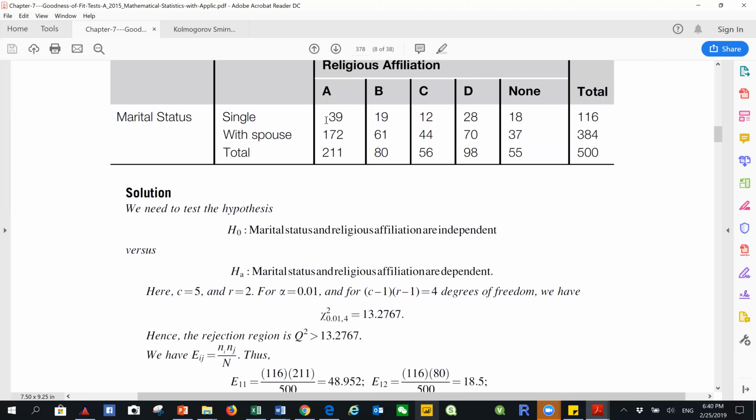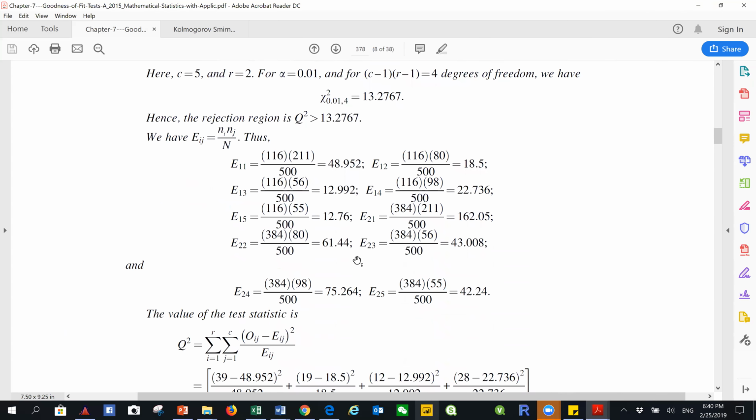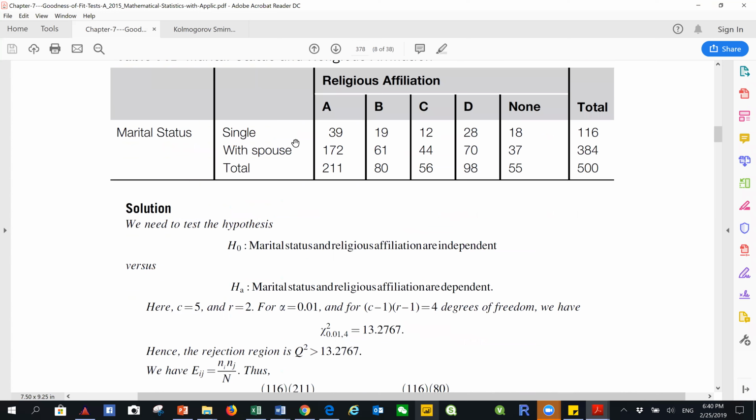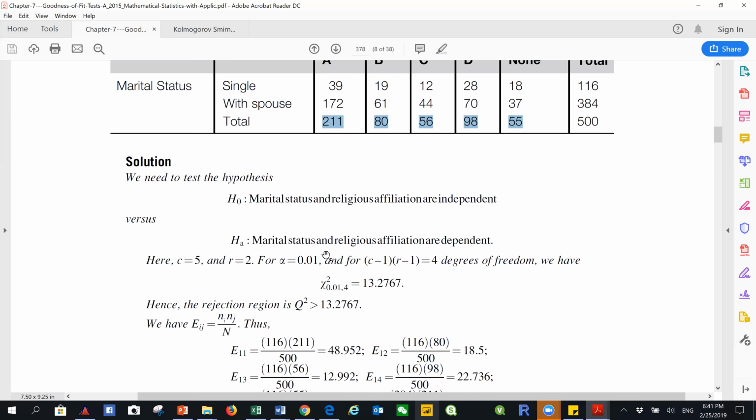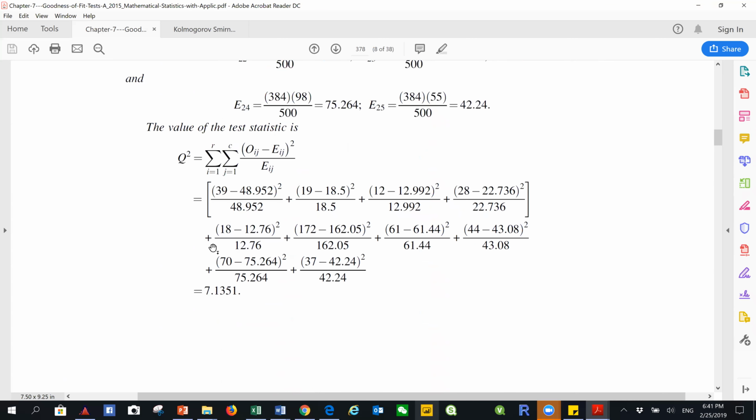Otherwise, there should be a significant difference. So here you can see the rationale. Or the other way around, you divide by 500 and get the ratio, and then multiply that by 384, or 116. You can say that this ratio doesn't change from with spouse to single, or it changes, depending on whether they are equal.